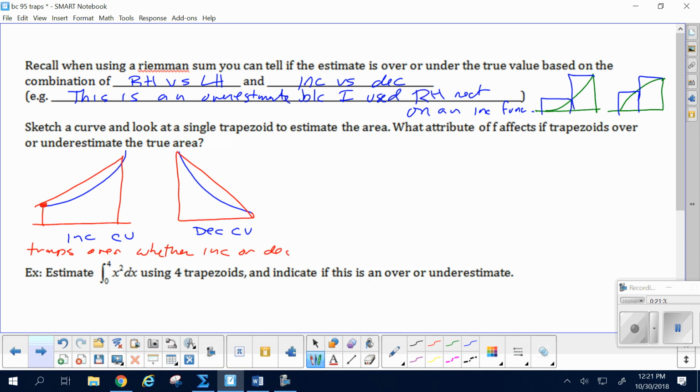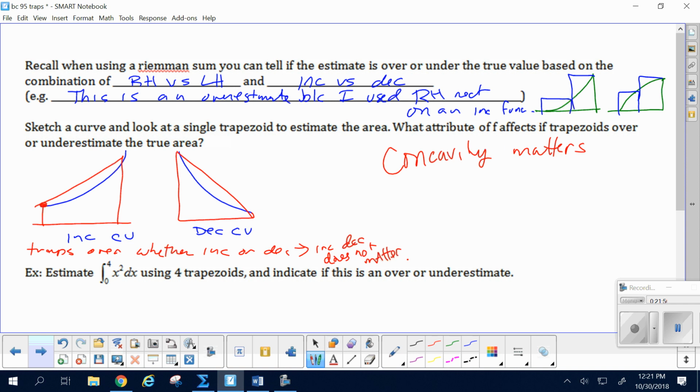So we would say trapezoids overestimate whether it's increasing or decreasing. From that, I could gather that increasing or decreasing does not matter for trapezoids. What does matter is the concavity, okay? Concavity is what it's all about for trapezoids.